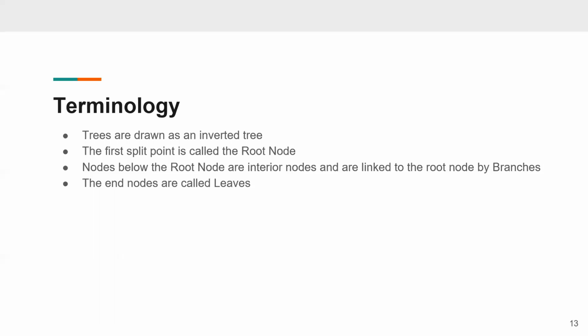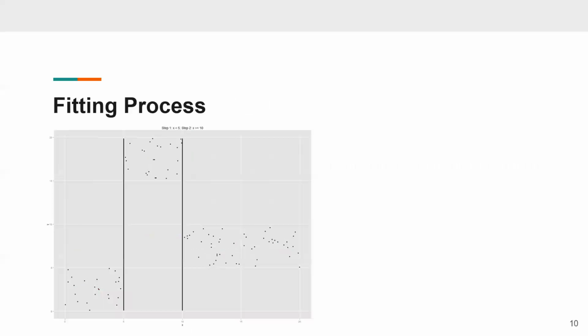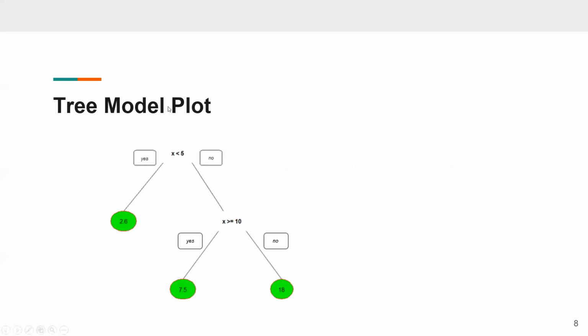And then the end nodes I call leaves. Okay, so if we go back here, take a look at this. This is called the root node, and those are the two different branches. And then each of these end nodes, colored green, are called the leaves.